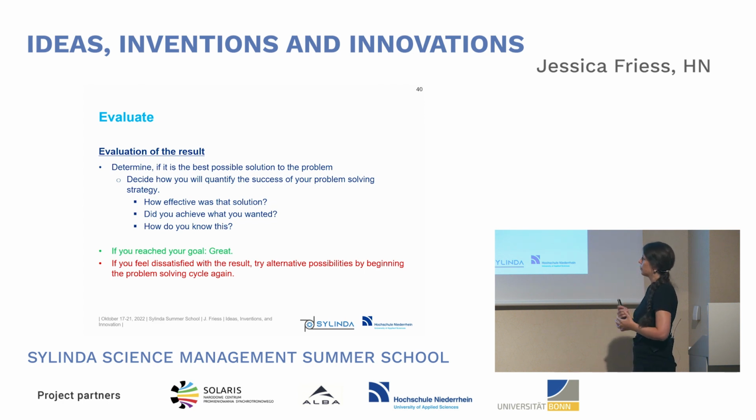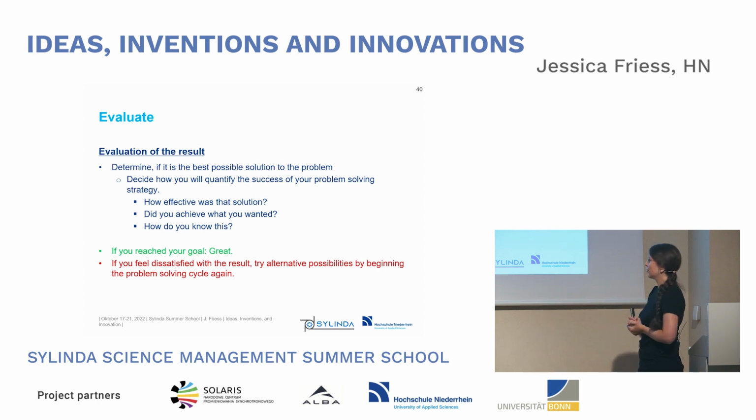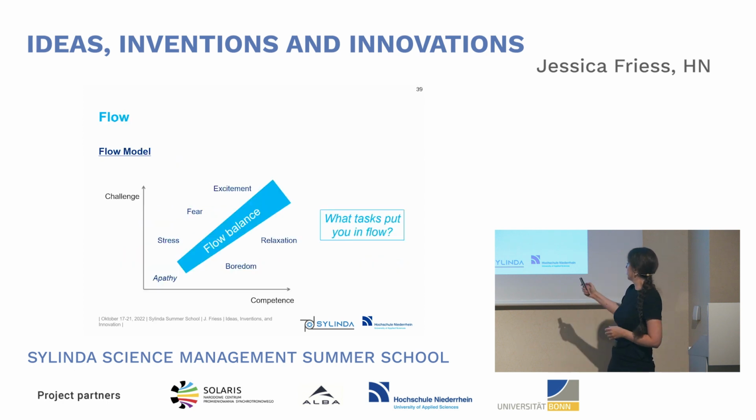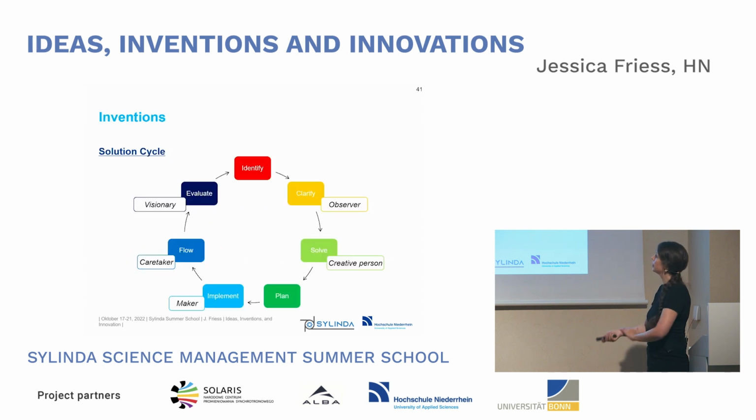You really have to set some measurements, and if you reached your goal, great. And if you feel dissatisfied with the result, you have to try alternative ways or come to terms with the problem. But you could then begin the problem-solving cycle again and think about new ideas, define the function a little bit differently, and then you could come up with new ideas.